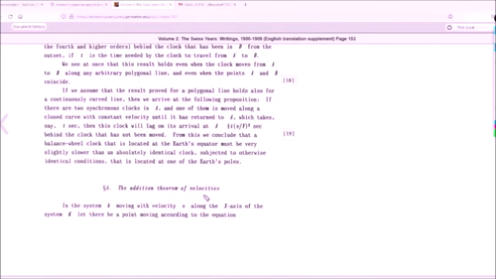The addition theorem of velocities. In the system k, small k, moving with velocity v along the x-axis of the system capital K, let there be a point moving according to the equation. That is the addition theorem of velocity. He is going to add velocities, to make an algebra of velocity.